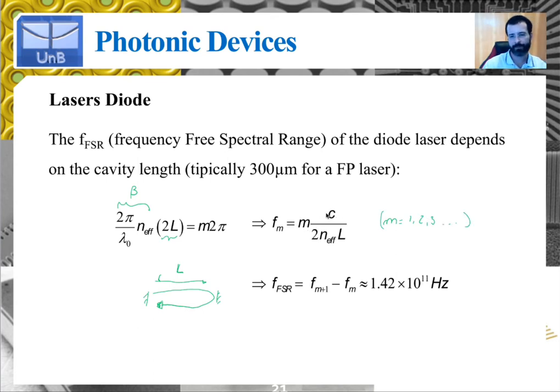So m times the speed of light in vacuum, divided by 2 times the effective index of the mode times L. Now the effective index is a small number ranging between 2 and 3.5 for these types of waveguides. Actually, if we want to calculate the FSR, it is going to be the spacing between one resonant frequency and the next.